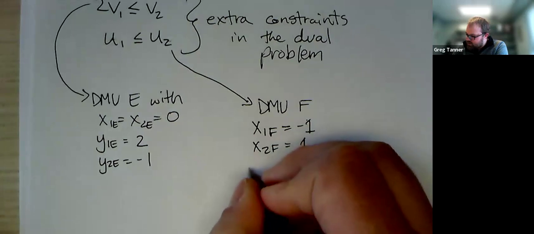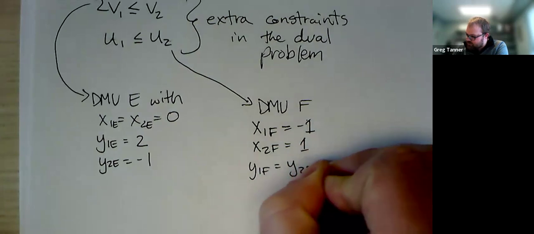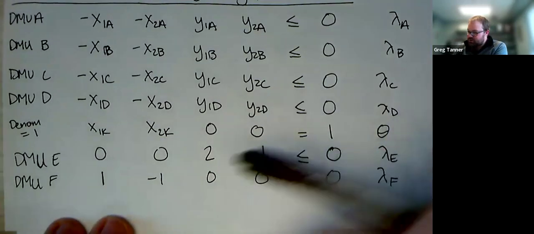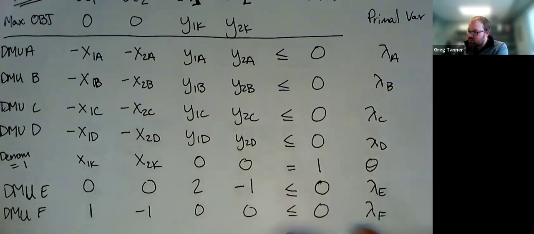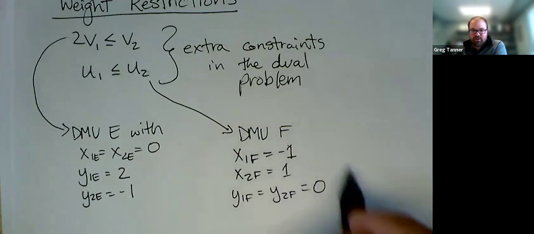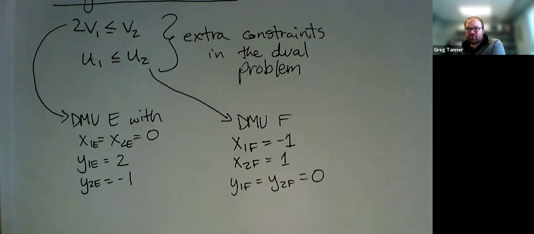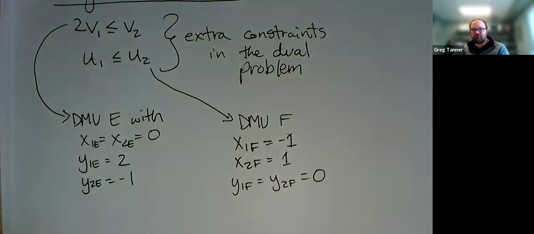Y1F and Y2F are both 0, because they don't show up in that inequality. So we can create a fake DMU, and these DMUs, E and F, are providing for conversions between outputs for DMU E or between inputs for DMU F.